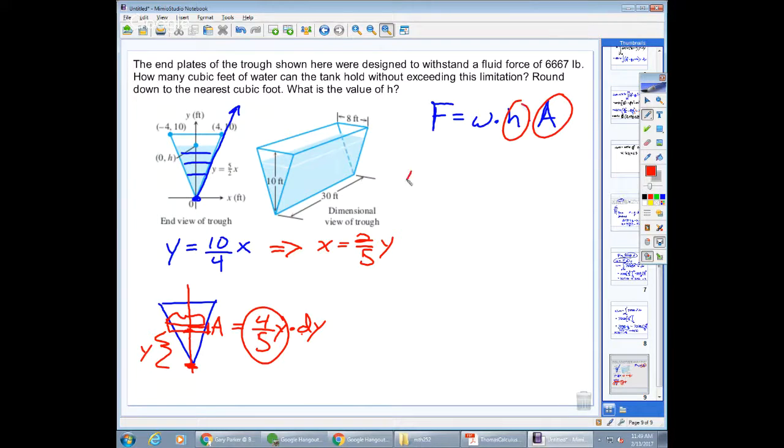So I think a chunk of force for this situation is going to be the weight density of water, 62.4, times the height of that rectangle. It is y up from the bottom, times the cross-sectional area, which is 4/5 y dy.